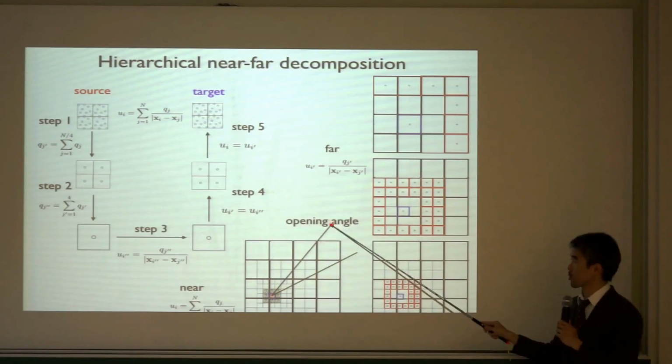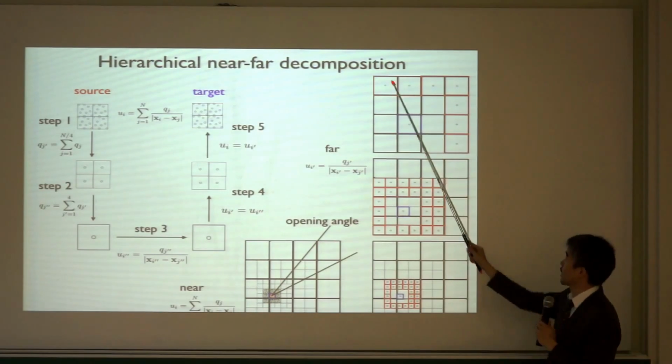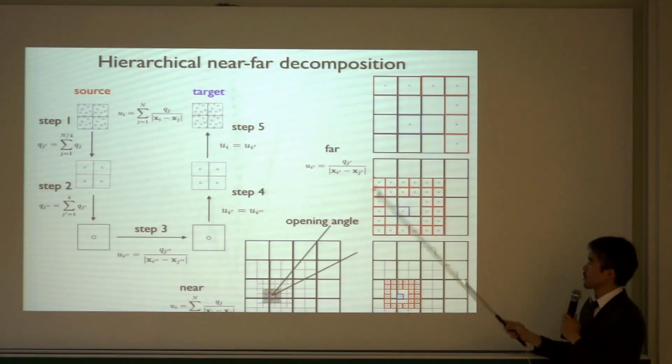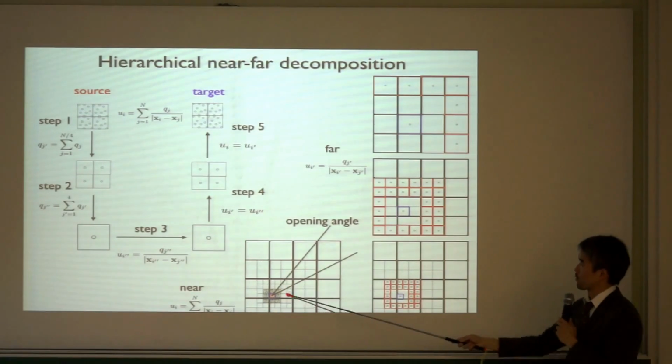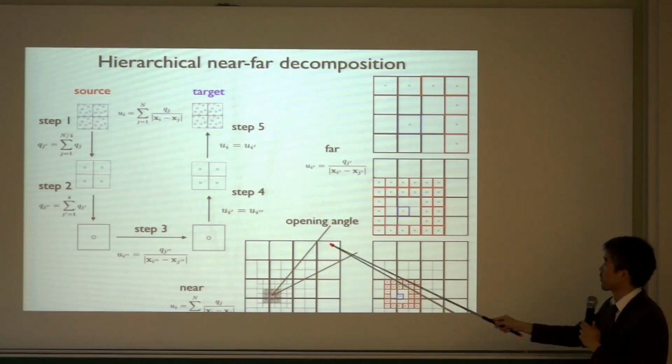So this is the notion of the opening angle when you decide how you interact. Because you can actually make the angle narrower to increase the accuracy. So say that you choose the angle to be narrower.